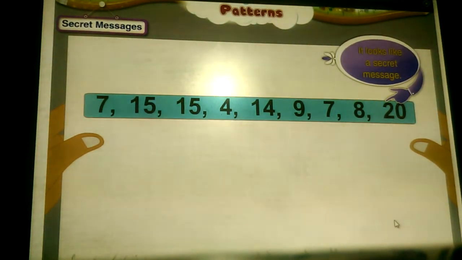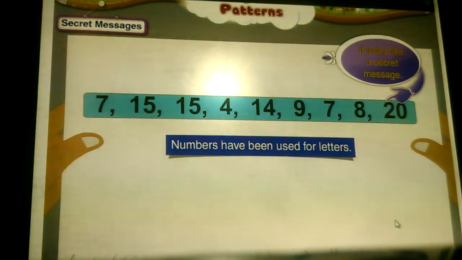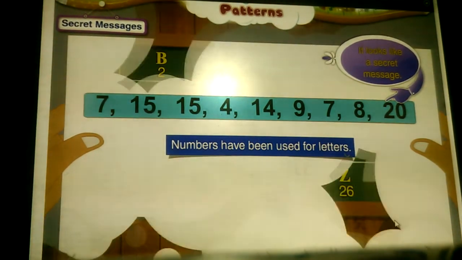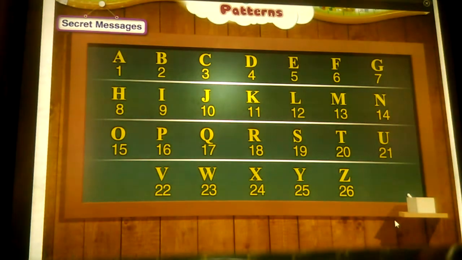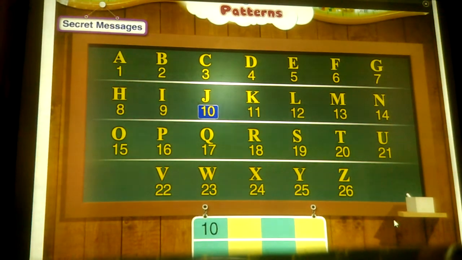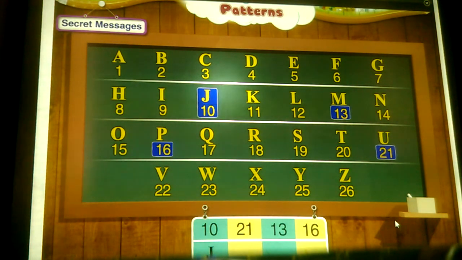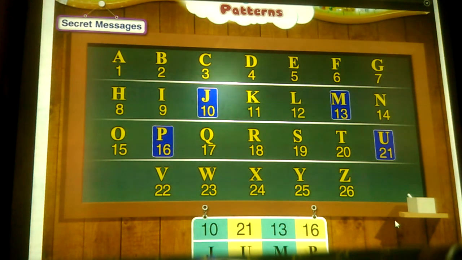Yamini explained the rule. Numbers have been used for letters. For example, J is 10, P is 16. So, 10, 21, 13, 16 means J, U, M, P. That is jump.